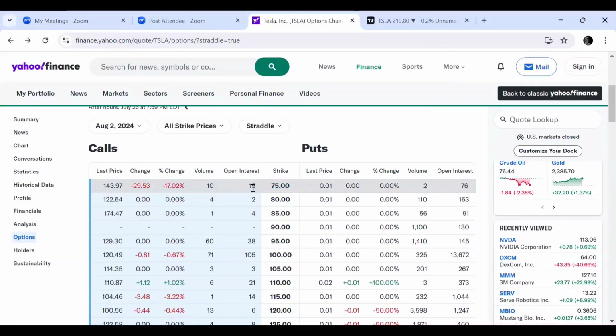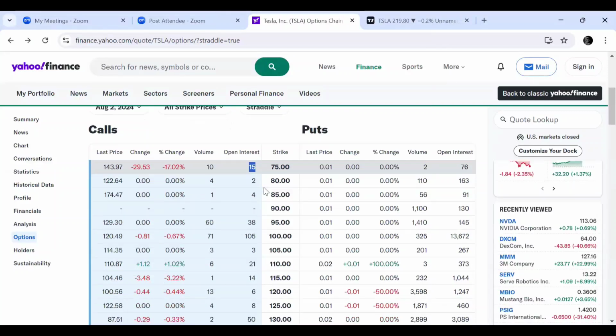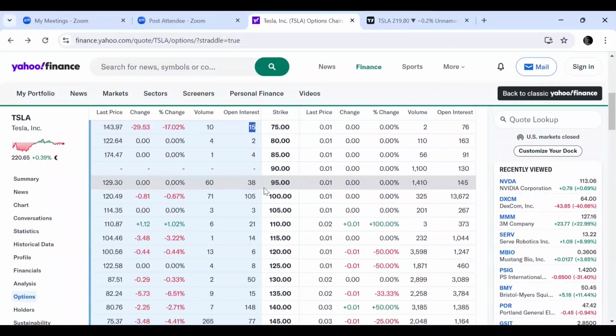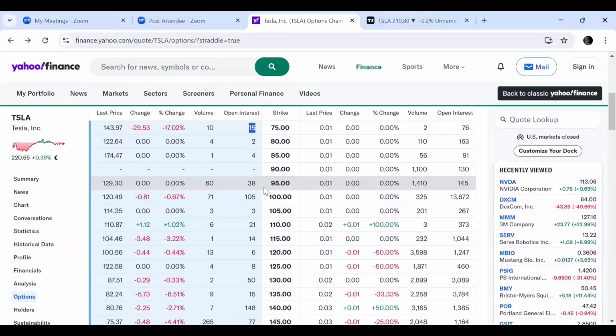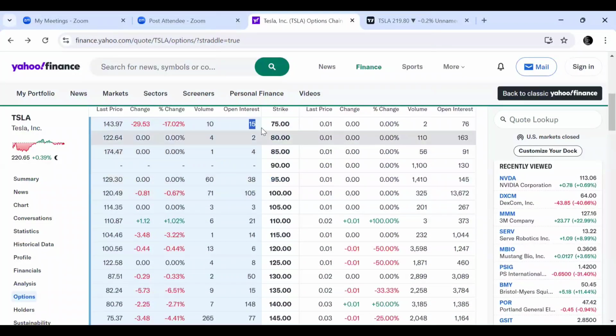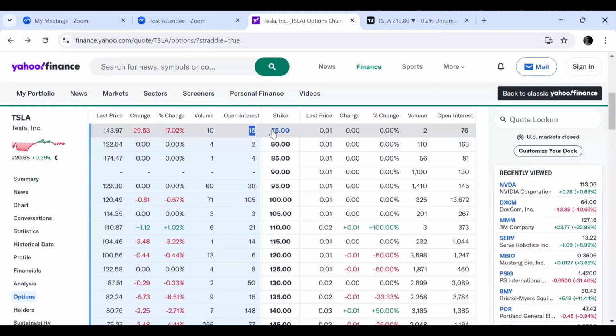Like 15,000 shares had been purchased at that strike price, because they are thinking, okay, if suddenly any war breaks out, or any COVID-like disease comes, then the share price will fall very far, and they will benefit. That is what these people are thinking.